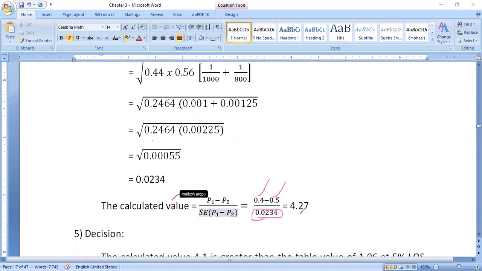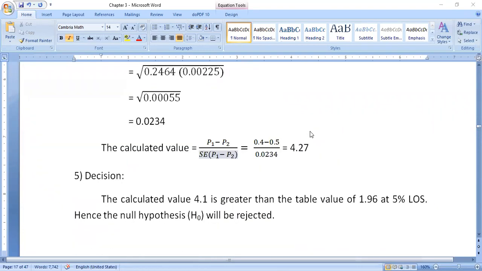Then finally, 4.27 is the calculated value. After getting this calculated value, we have to go for the decision.